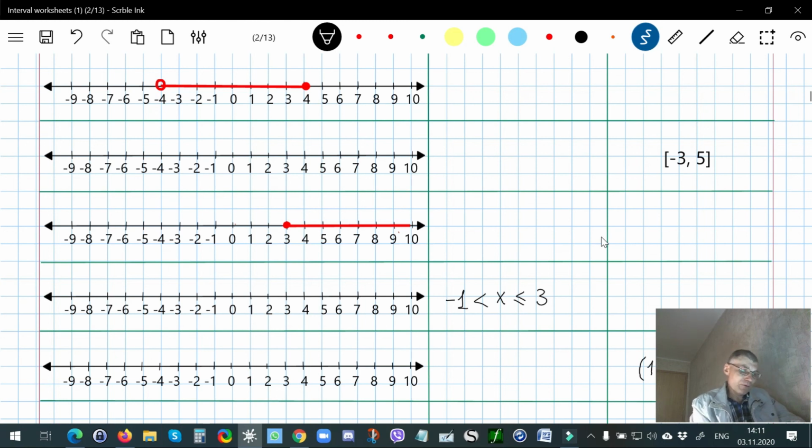It means that I draw a circle around -1, then it ends at 3, which is closed, so I color it. Then I have a choice. I might just draw such a thing, beautiful, round. It's one option. Another option is I can just make it like that, draw some kind of sign, like a spring. So what you like more, you choose.